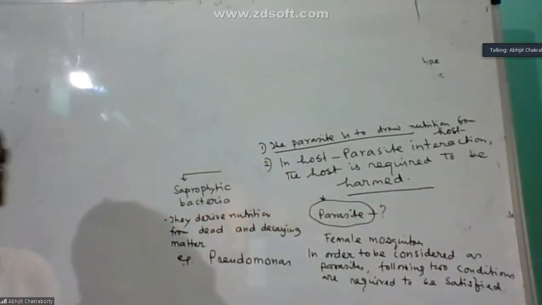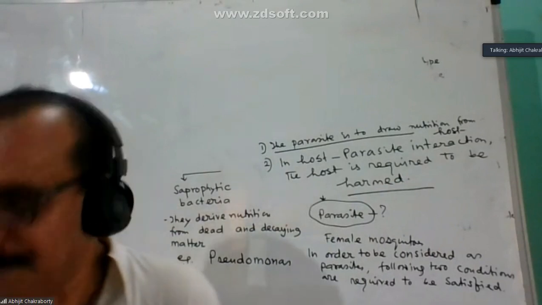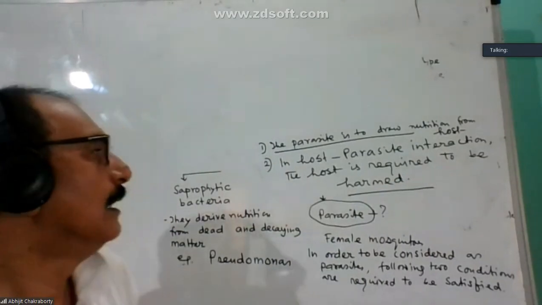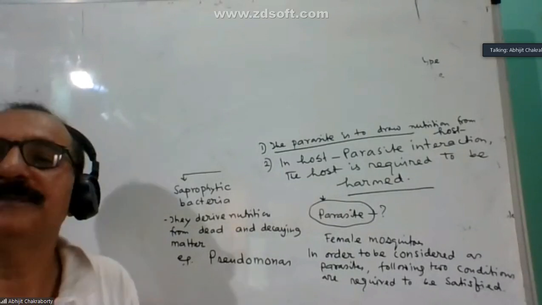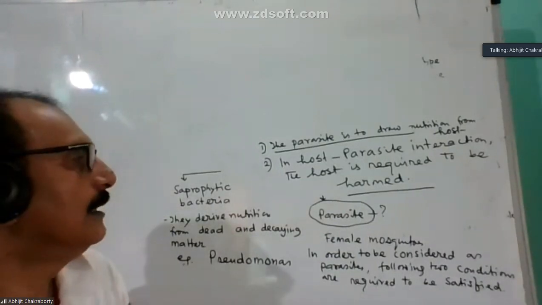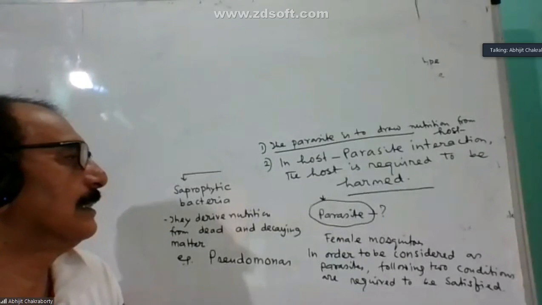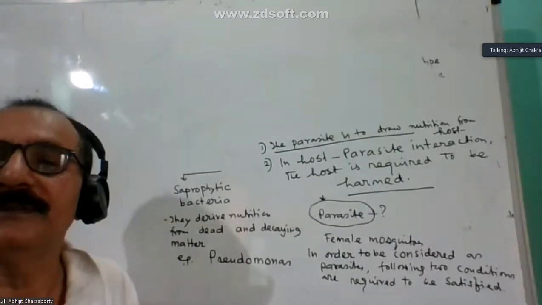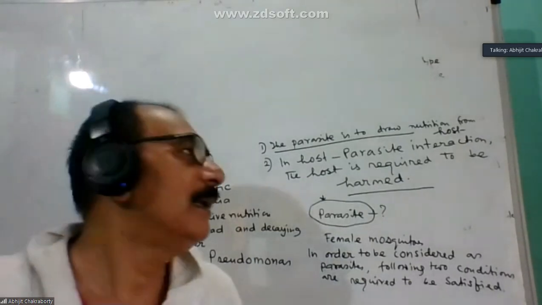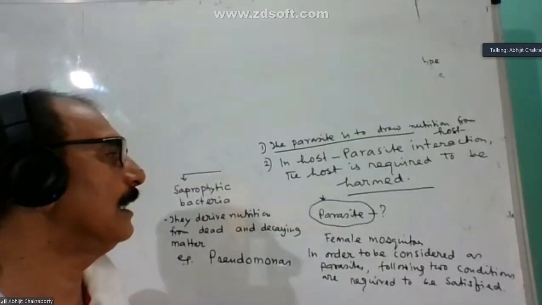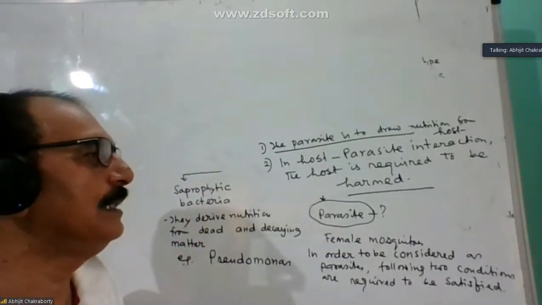Two statements are given here. One is that the parasite is to draw nutrition from hosts, and secondly, in the host parasite interaction, the host is required to be harmed. Are you getting me?